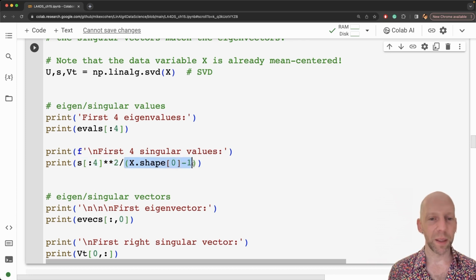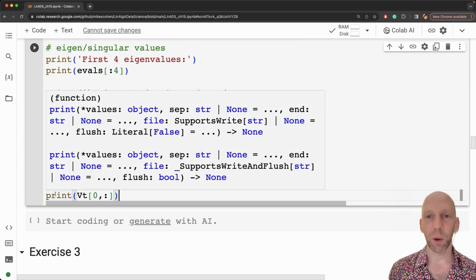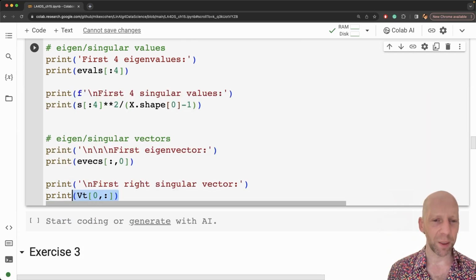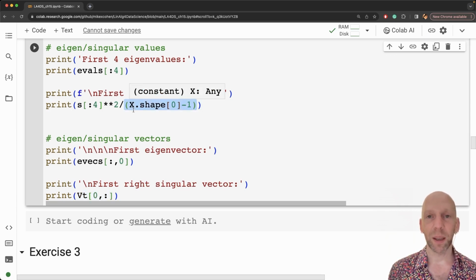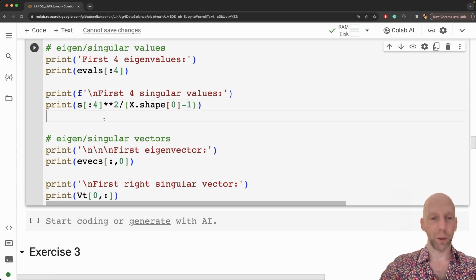And then we also need to scale this by n minus 1. But we don't need to do that for the eigenvectors or the singular vectors because those are already unit norm vectors. So we don't need to scale these by n minus 1. All of that scaling that went into the covariance matrix goes into the singular values.